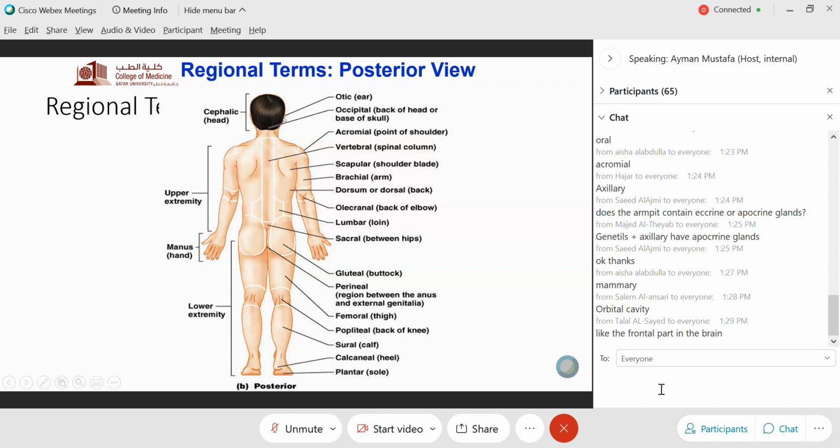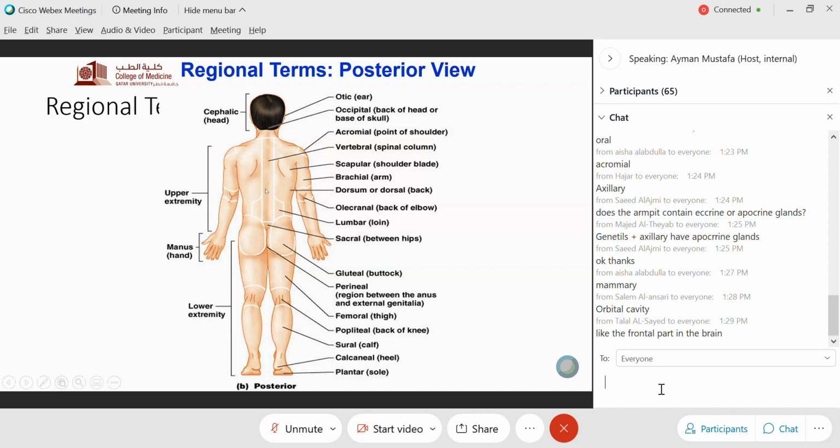The area of the ear, we call it otic. The back of your head, we use the word occipital. Acromial is the same, both anterior and posterior.